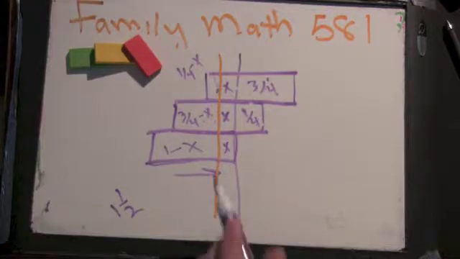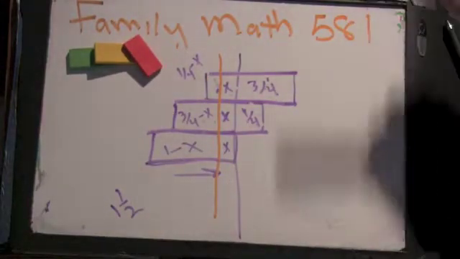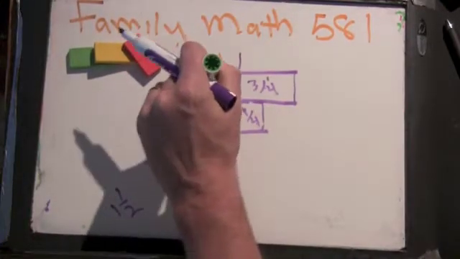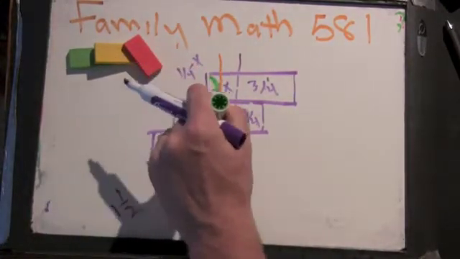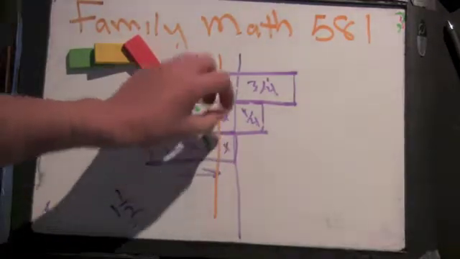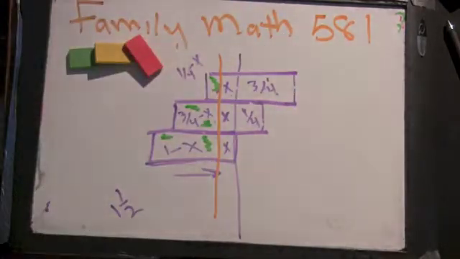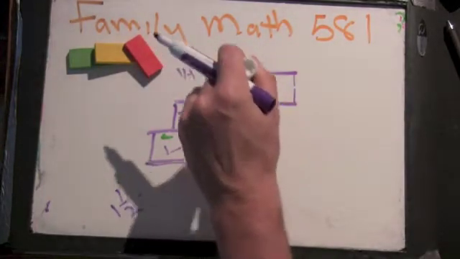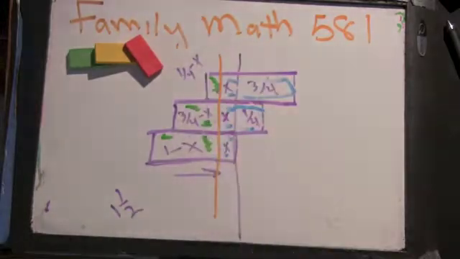Ah, okay. So you're saying take this plus this plus this, and it has to equal this plus this plus this. Why?